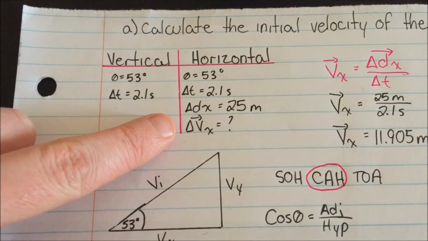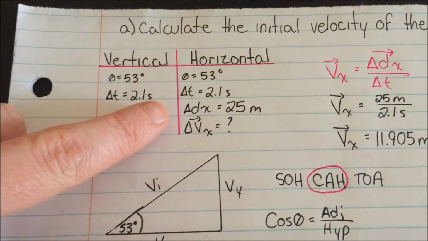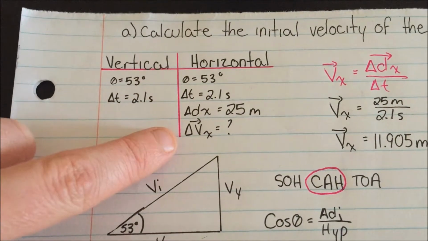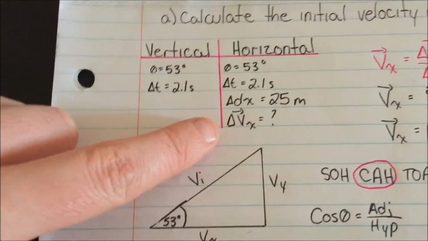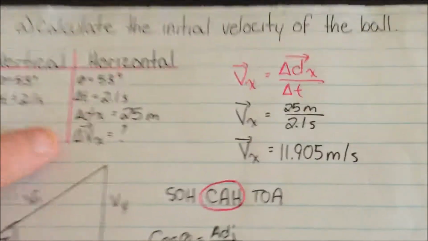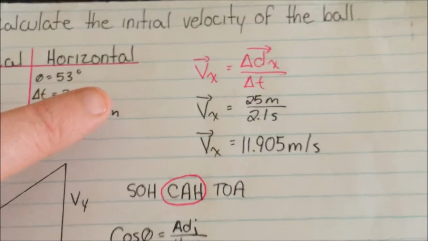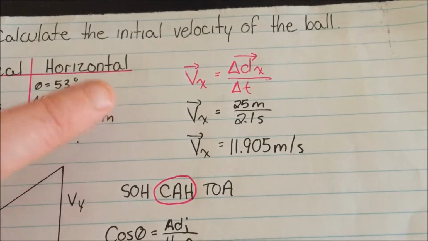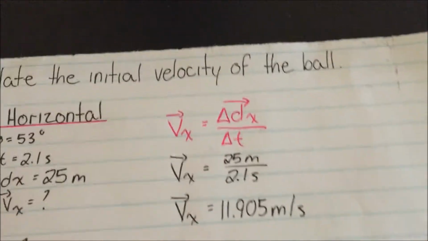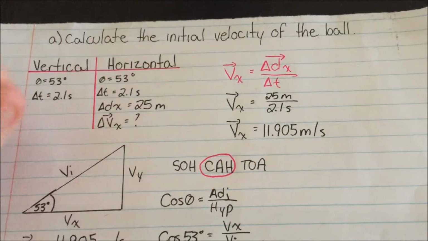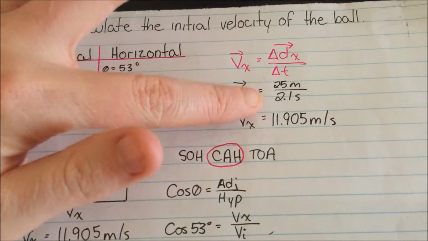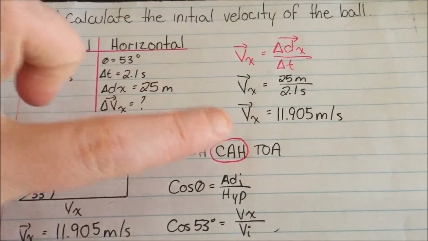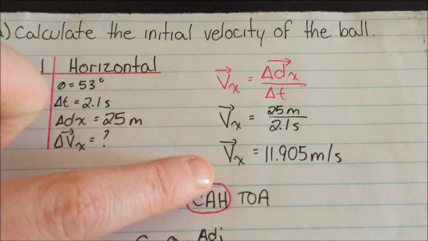The dx, the change in displacement over the x, is 25 meters, and your velocity in the x direction is what we're looking for. So to solve for this, we will use Vx is equal to the change in displacement in the x direction divided by your change in time. So we input the numbers, 25 over 2.1, and we get your Vx is equal to 11.905 meters per second.